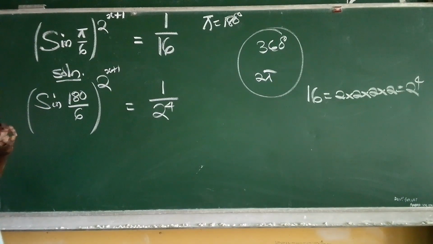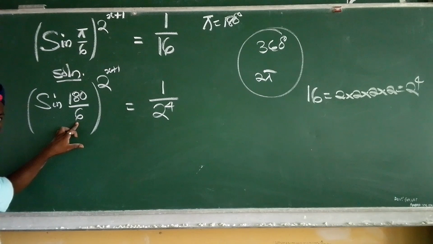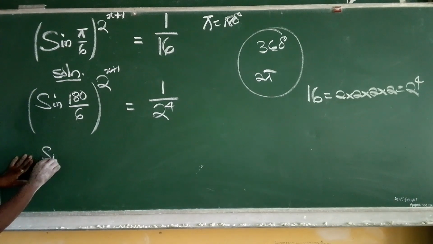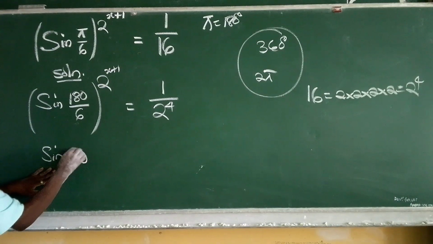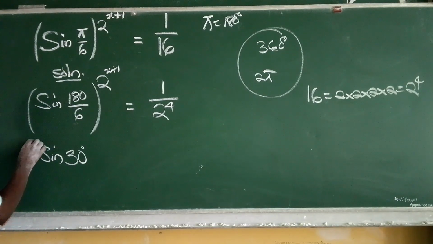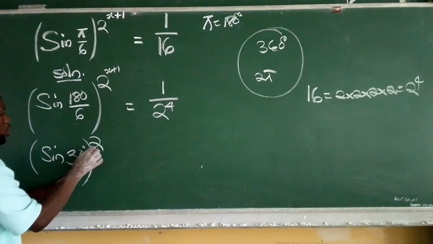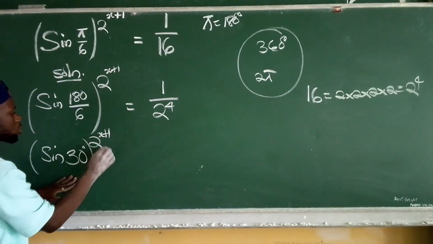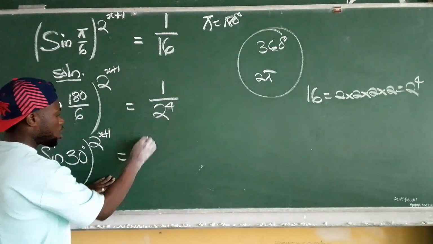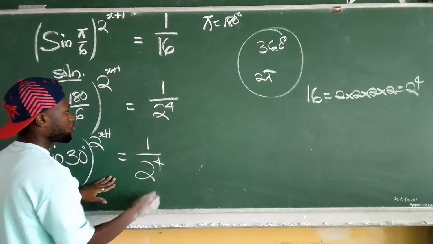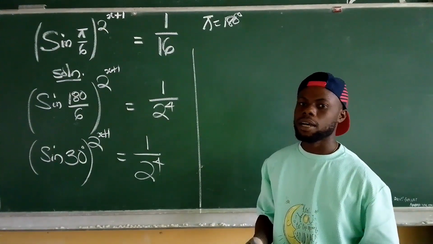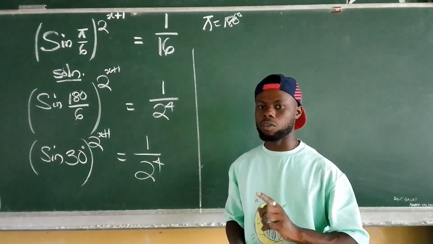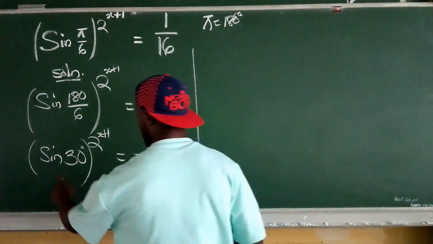Now let us consider the bracket. The bracket is sine of 180 divided by 6. 180 divided by 6 gives me 30 degrees. This is raised to the power of 2, which is raised to the power of x plus 1, and this equals 1 over 2 to the power of 4. In the bracket, sine 30 degrees gives 1 over 2.